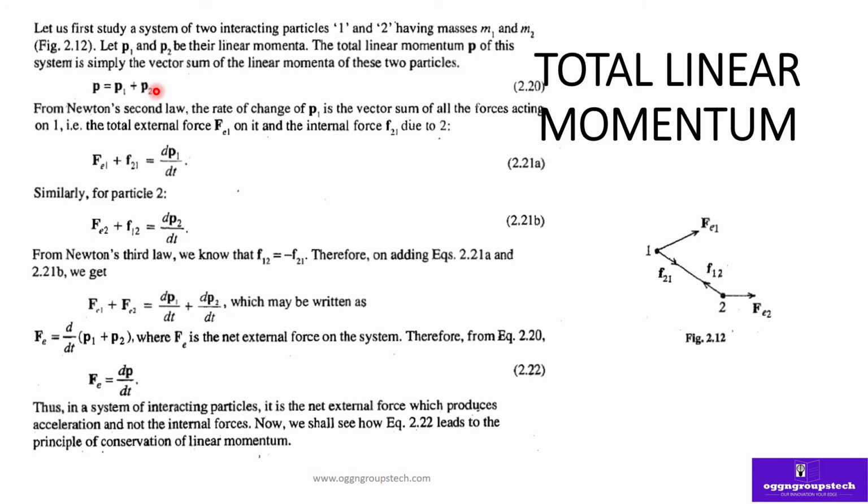Now what does this momentum exactly hold? As we know by Newton's second law, the rate of change of momentum is the vector sum of all forces acting on it. ठीक है. सो न्यूटन सेकेंड लॉ के बेसिस पे अगर हम लोग देखते हैं तो मोमेंटम मतलब क्या है? सारे के सारे फोर्स का एडिशन. अभी वन पार्टिकल के लिए कौन कौन से फोर्सेस हैं? एक है Fe1. ये कौन सा फोर्स है?